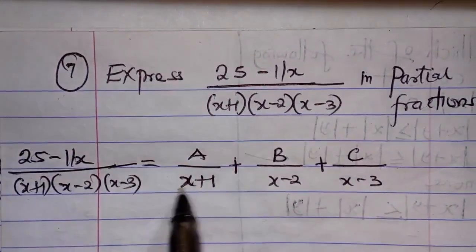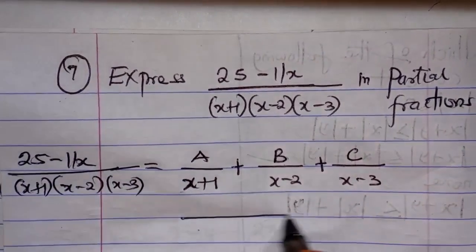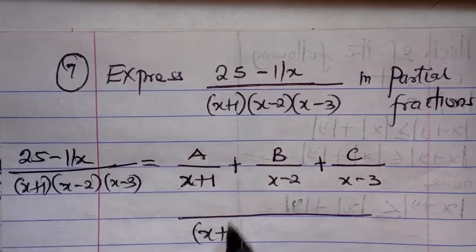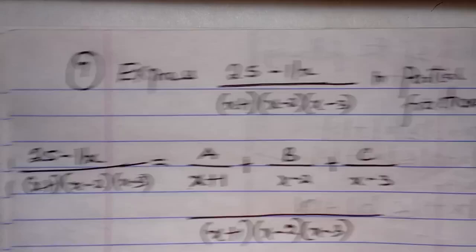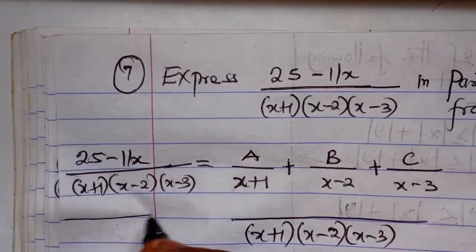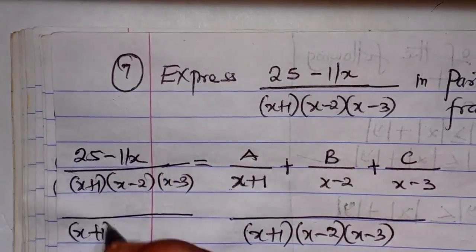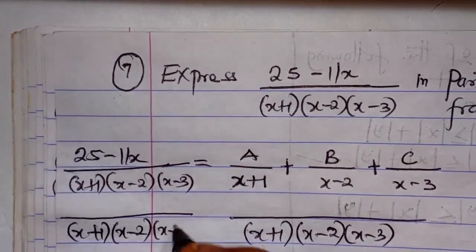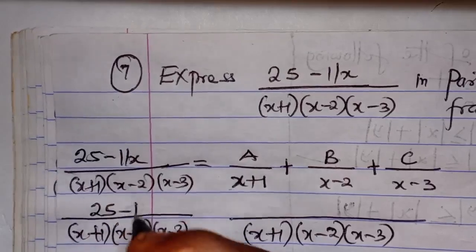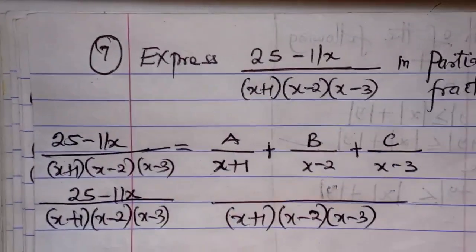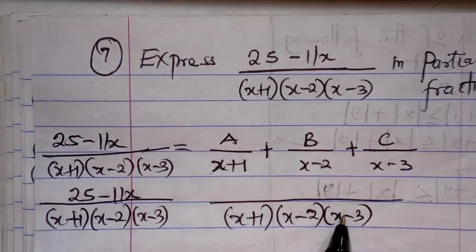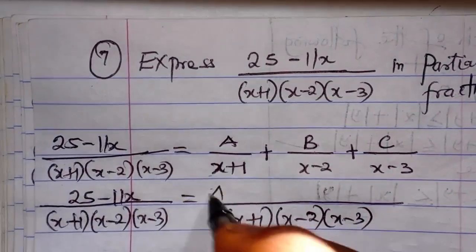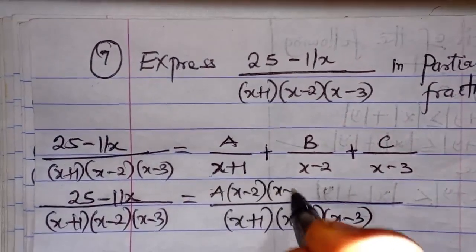And the LCM of what is here is still this. That is x plus 1, x minus 2 into x minus 3. And here we have 25 minus 11x. So, if I divide everything here by this, I'll be having x minus 2, x minus 3 times a. That's a into x minus 2 into x minus 3.